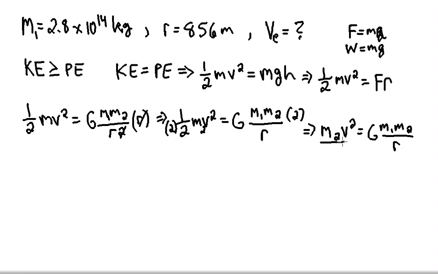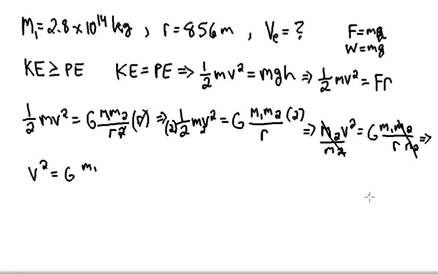So then I'm going to divide by m2 on both sides now. That cancels that out. These two cancel each other out. Square the velocity is equal to g times one of the mass that's in motion around the other.